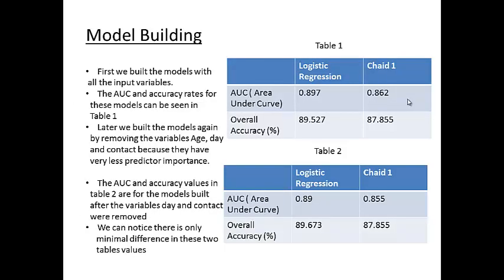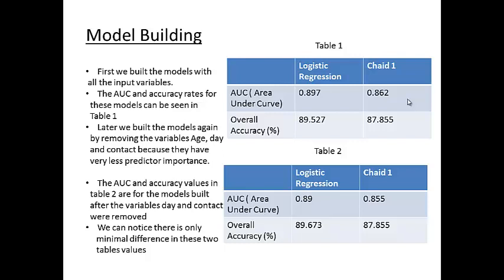Here is the analysis of our model. We have area under curve and overall accuracy for the logistic regression and CHAID models. Initially, when we used all the variables, we got 89% accuracy and 87% accuracy for the logistic and CHAID models. Then later, we removed attributes like age, day, and contact, because they have very little predictive importance and are not contributing much to our model.